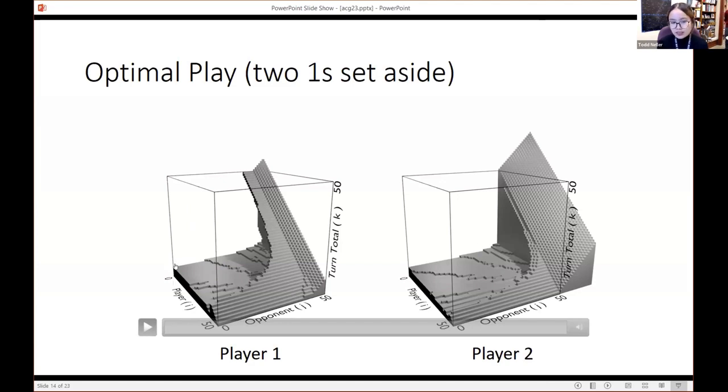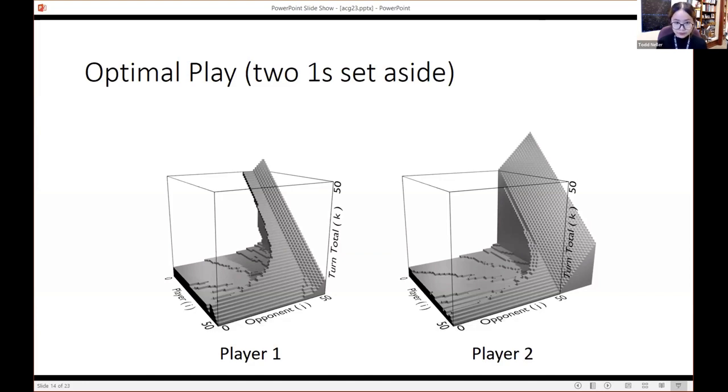As you can see, they usually hold at around 5 or 2. But at a later stage, player one of course wants to win, so it will start to take a lot of risk in order to reach 50. And player two is the same: it will keep rolling until it exceeds player one.